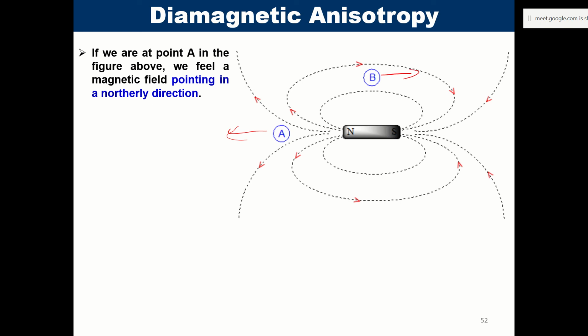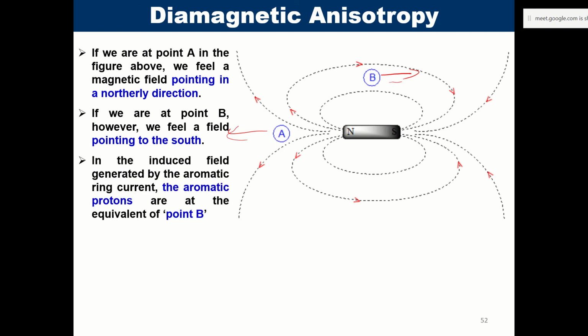A magnetic nucleus at point A and a magnetic nucleus at point B will both behave differently, because of the placement, not because of the nature of it. It's the site which is different. The field is acting in the south direction at the point P.